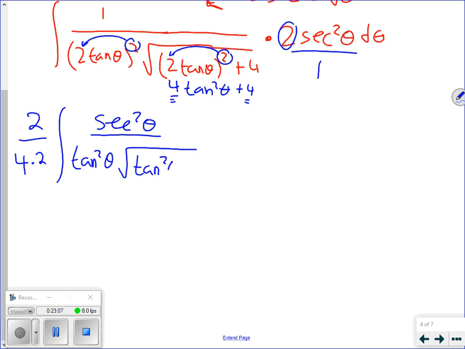So it's tan squared theta plus 1 now. I took the 4 out as a GCF. I took the square root of 4 out as a 2, and that's what I brought on the outside. So I like to, in one step, bring out all my constants on the top and on the bottom. If you need to do a couple additional steps with that, go for it. Okay?